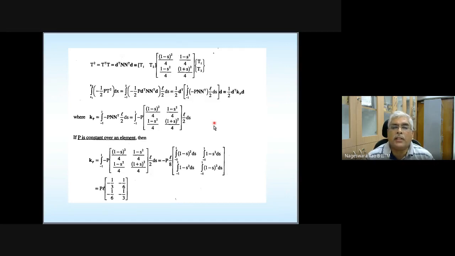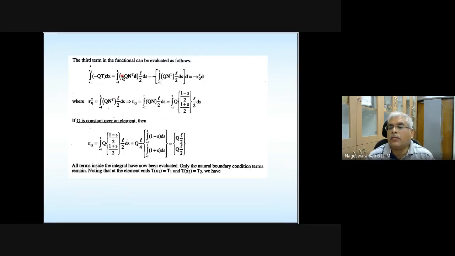Okay, so this is the second term, and the third term involves q times t. What is t? N transpose d. Simplify that. And here, please note, whenever you have terms like n transpose n or b transpose b, you will get a matrix.